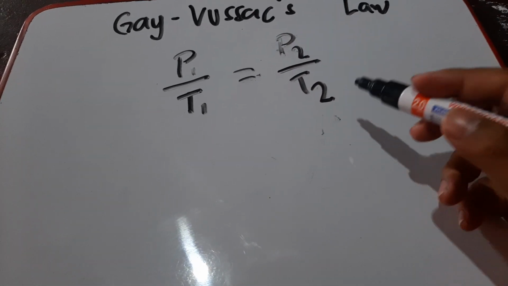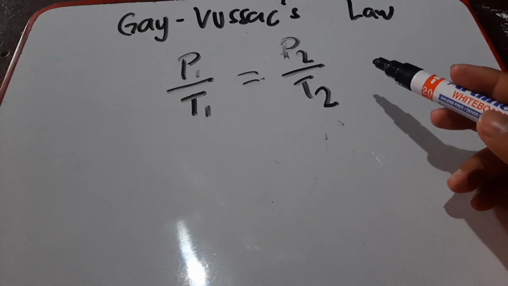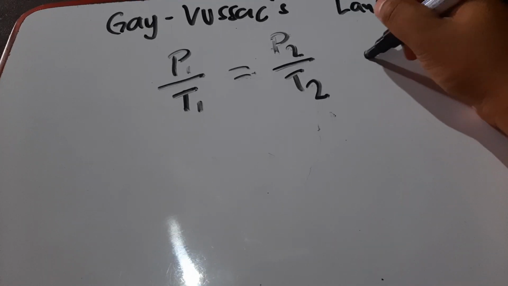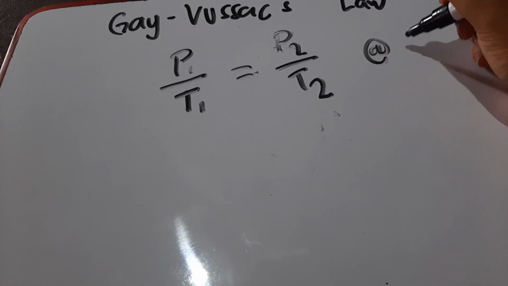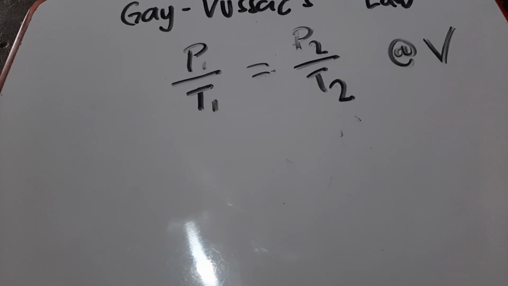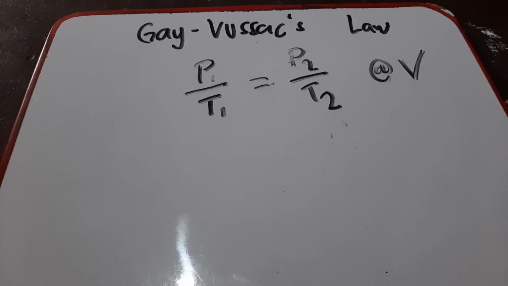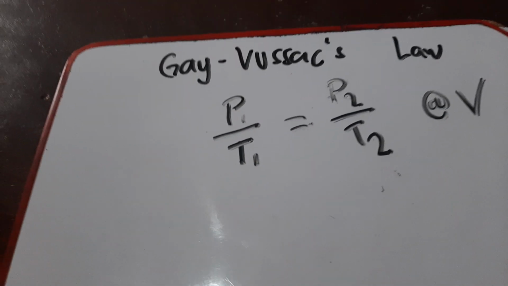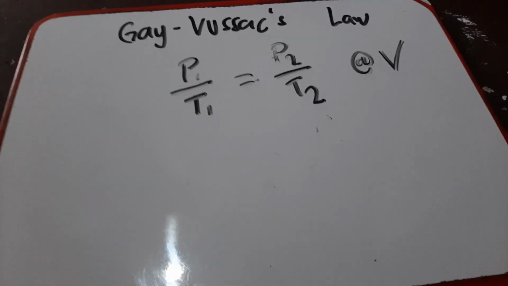Our initial pressure, temperature, and final pressure and temperature. And of course, this is at constant, what do you think? At constant volume. Alright, at a constant volume, when we increase the temperature, the pressure would increase.